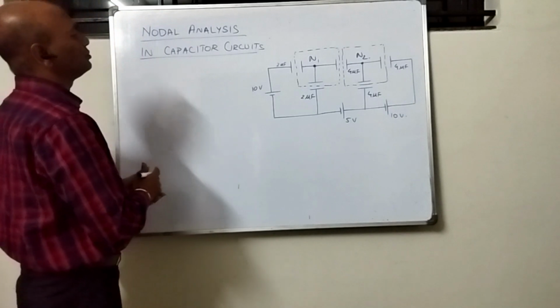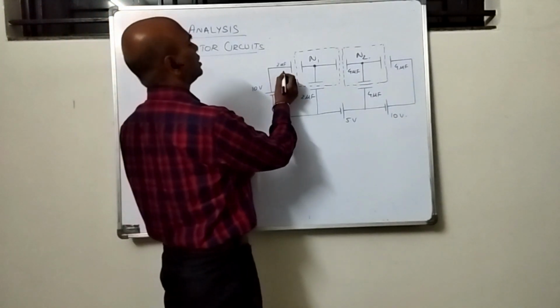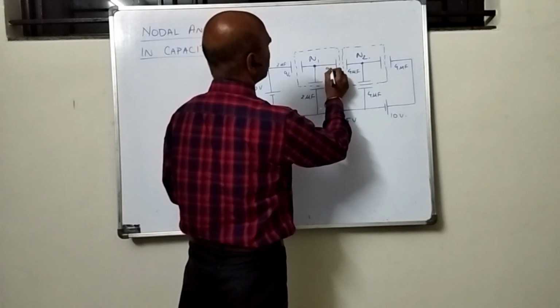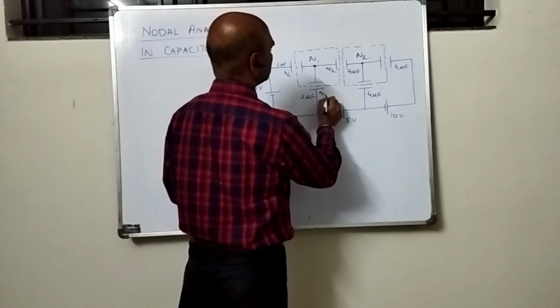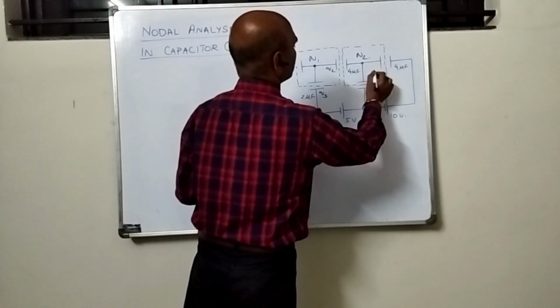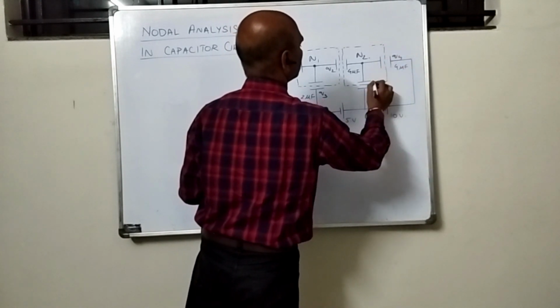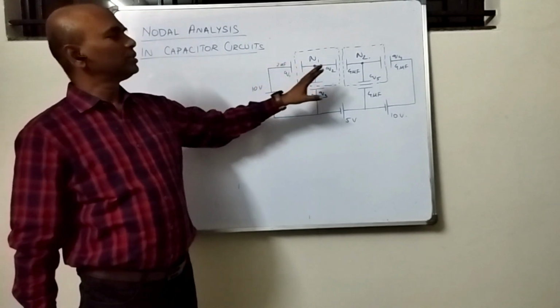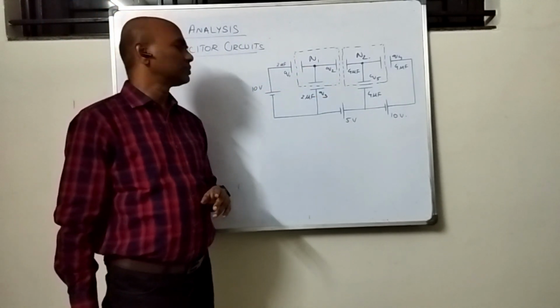Now let us also assume that charge on this capacitor is Q1, on this it is Q2, on this it is Q3, on this it is Q4, and on this it is Q5. So these are the charges on the respective capacitors.